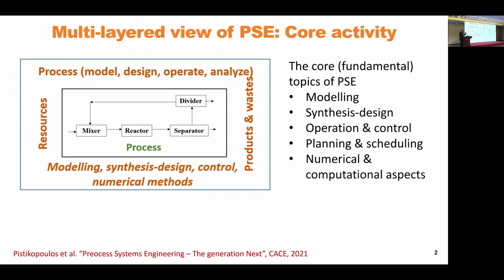If you understand that from left to right and from bottom to top, we can see that our core activity is to convert resources that we have to useful products through a process. And in order to do that, we need knowledge, in the form of modeling, and in the form of methods for synthesis, design, control, numerical methods, etc. With this knowledge, we can model the process, design the process, operate the process, and so on.